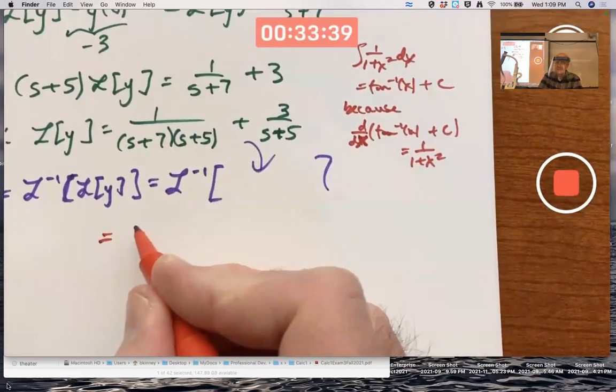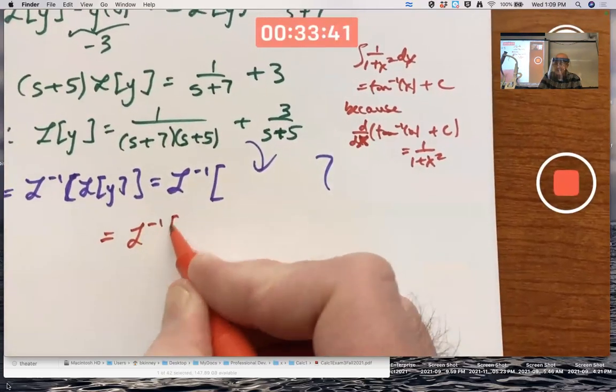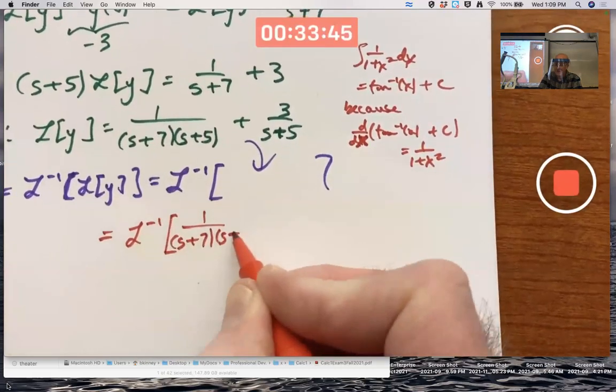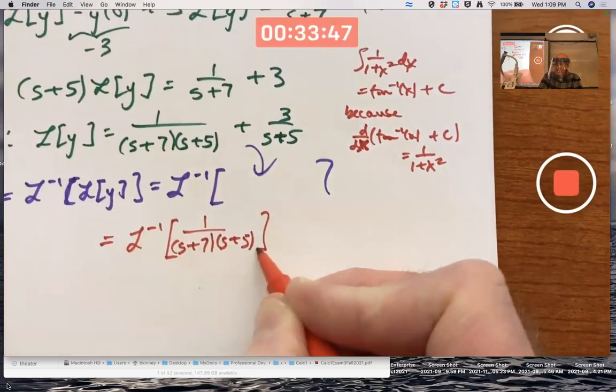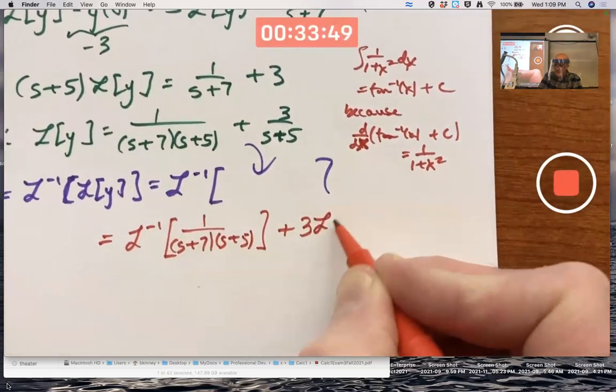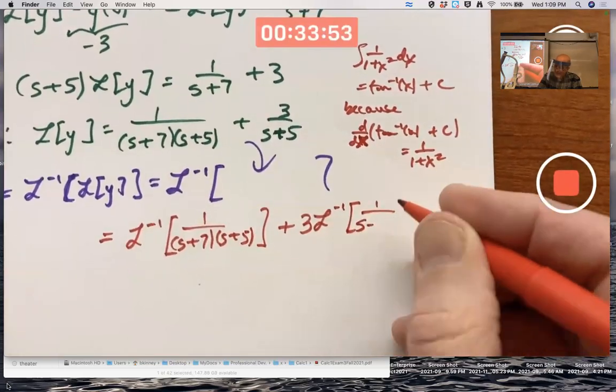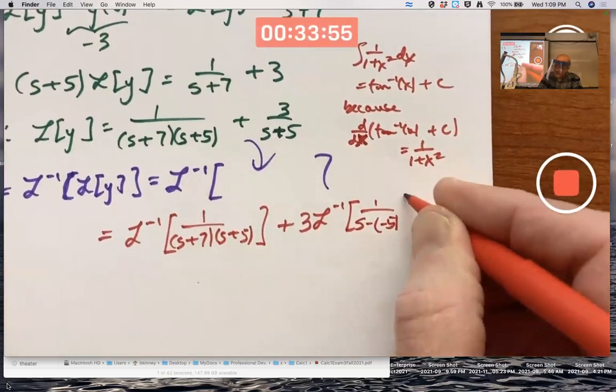We can write this as L inverse of 1 over (s plus 7) times (s plus 5) plus 3 L inverse of 1 over s plus 5, which I can write as 1 over s minus -5.